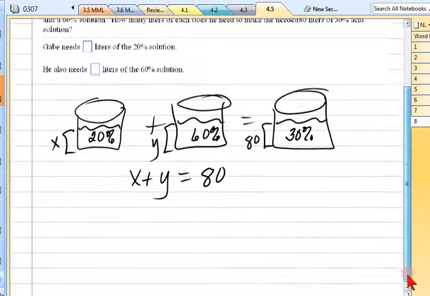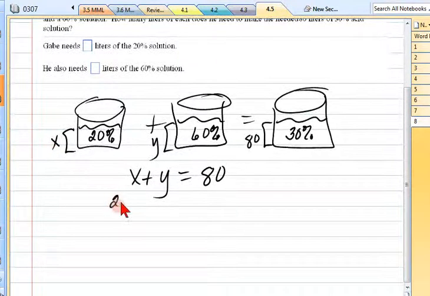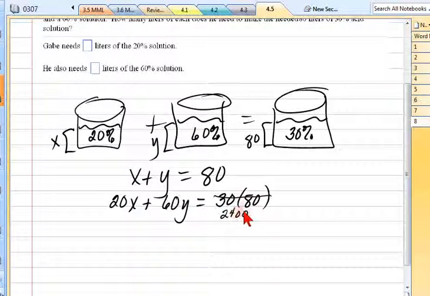Now, we'll talk about 20% of X. So it will be 20X plus 60Y equals, I'm going to write it first of all as 30 times 80, and that is a little more than 240, is 2,400.